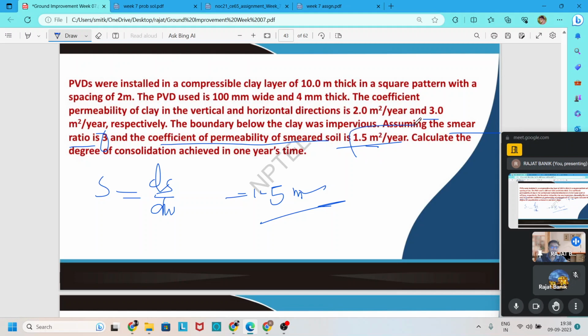That means due to the smearing effect, the coefficient of permeability is reduced, and we need to change our Fn formula.